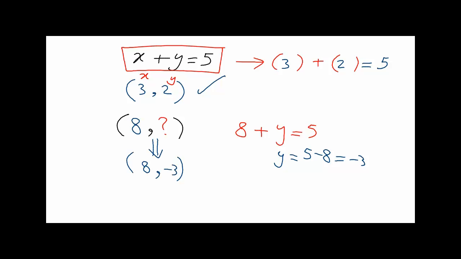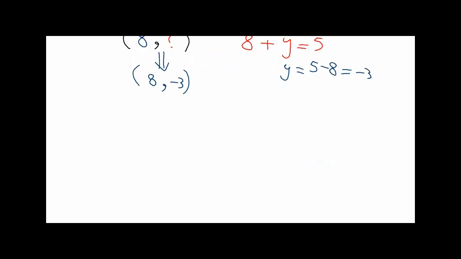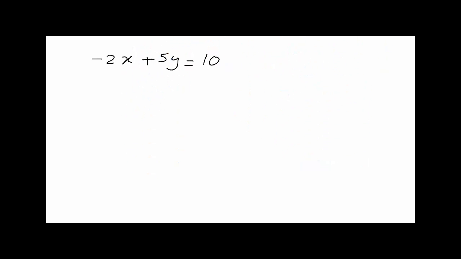Let us take another example. If we have this linear equation, negative 2x plus 5y equals 10, complete the ordered pairs given to you. If the first ordered pair has x equal to 5 and we want to find the value of y, the second has x equal to negative 3, and also we want to find the value of y.